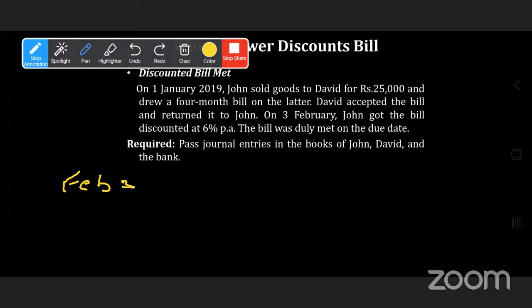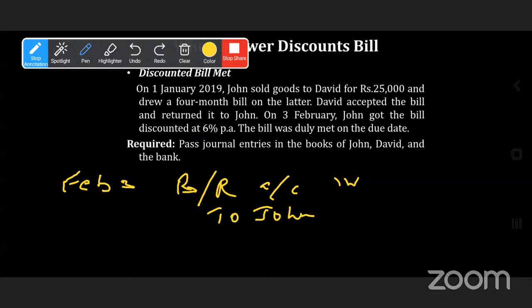February 3rd, we have to write bills receivable account debit to John. Bills receivable account 25,000. John, the bill was discounted. What is the amount we have mentioned in the books of John?